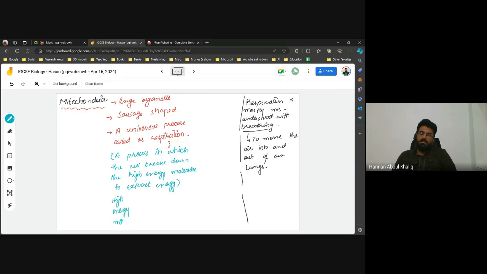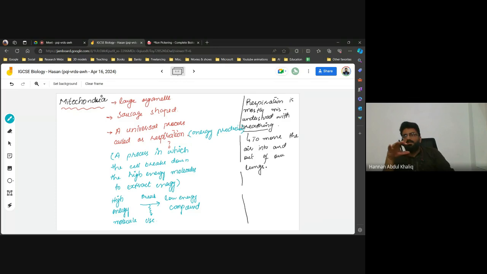Suppose this is a high energy molecule and you break it down, you digest this molecule into low energy compounds, and the energy released during this process, you use that energy. This phenomenon of energy production is called respiration.